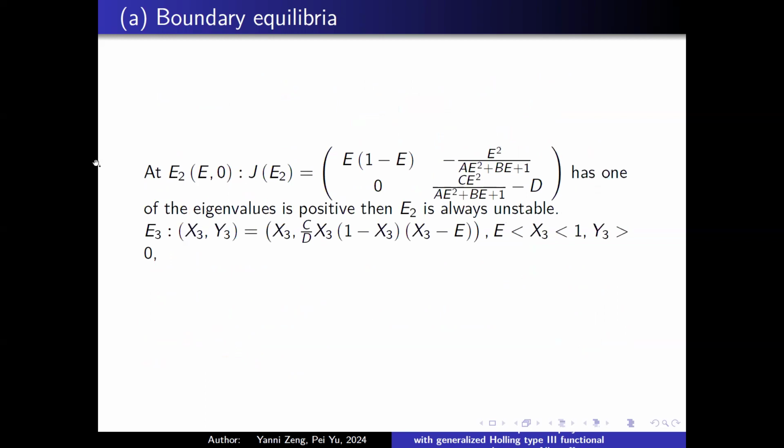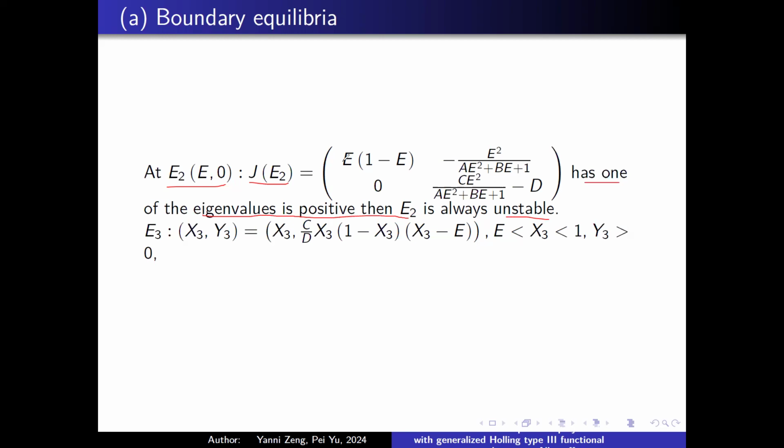Similarly, at the point E2, we also approach the Jacobian matrix. One of the eigenvalues is positive, and E2 is always unstable based on the condition of the model. And we also find the eigenvalues and check their real parts.